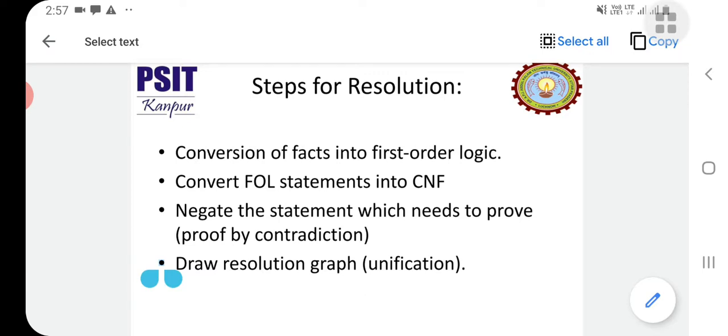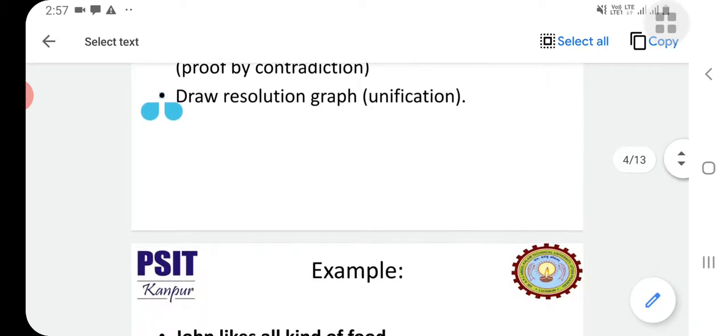So, third step is to negate the statement which you want to prove. That means proof of contradiction. Now we are using proof of contradiction. Fourth is to draw the resolution graph. That means unification. I'll explain unification, no need to worry.